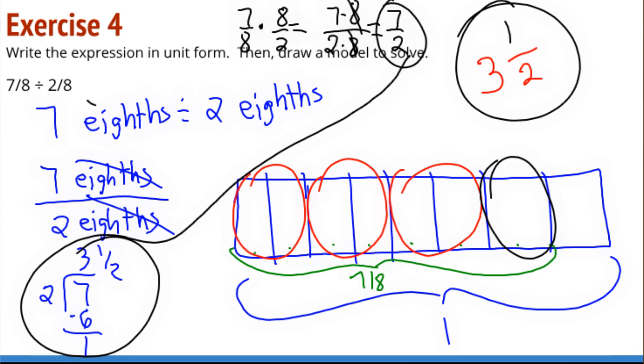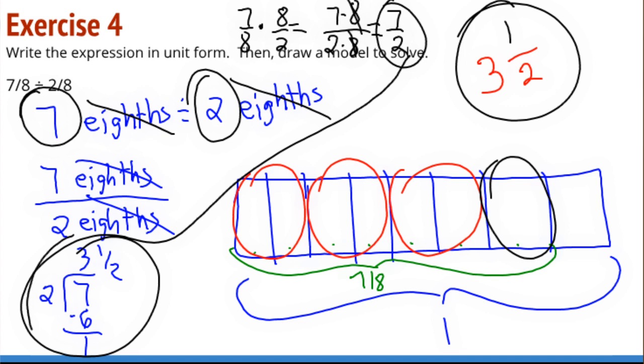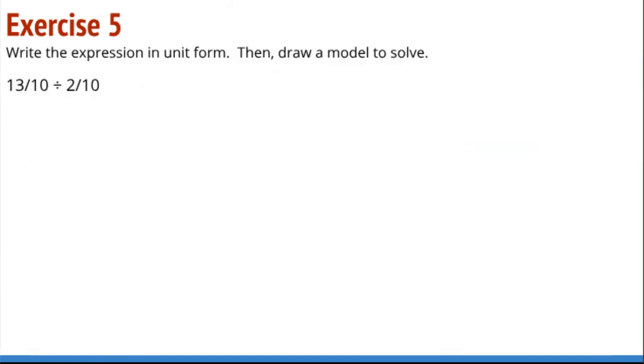I'm seeing that I can cancel out the units when they're the same, and I am just left with a dividend and a divisor. And when I do the division, I am finding the same quotient through division, through modeling, and through using multiplication to get to the division. All right, 13/10 and 2/10.